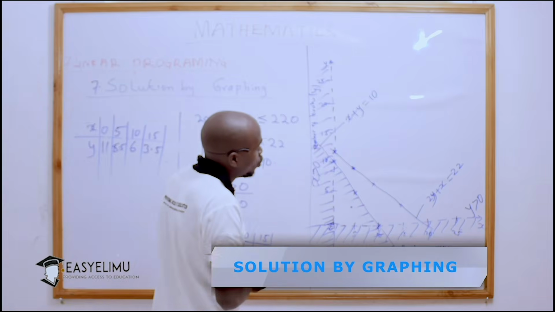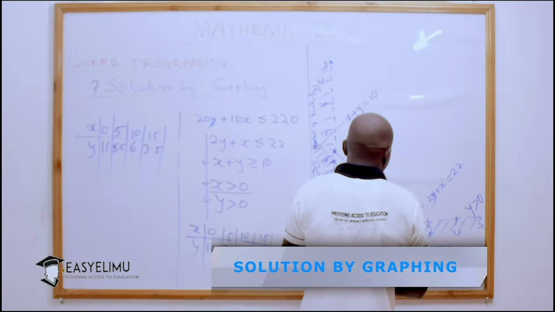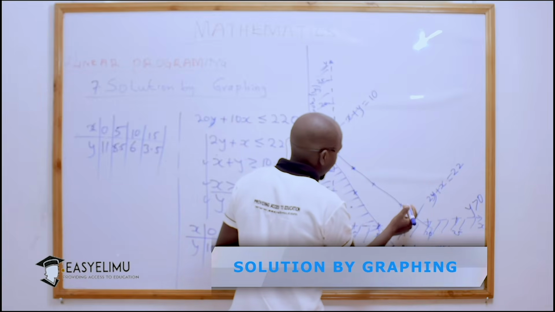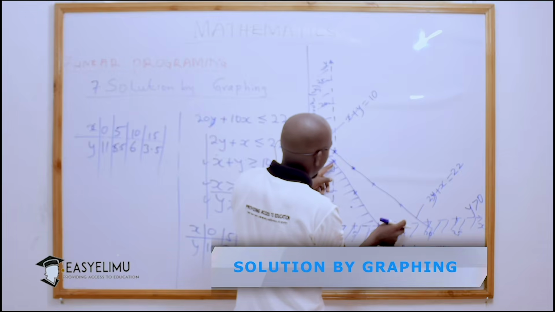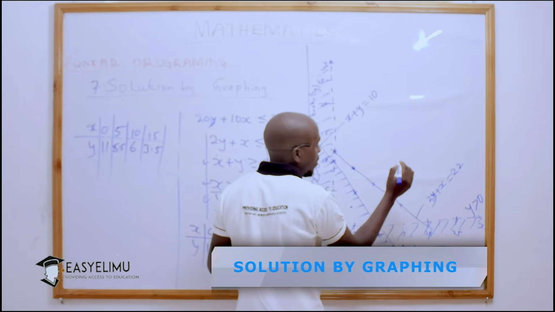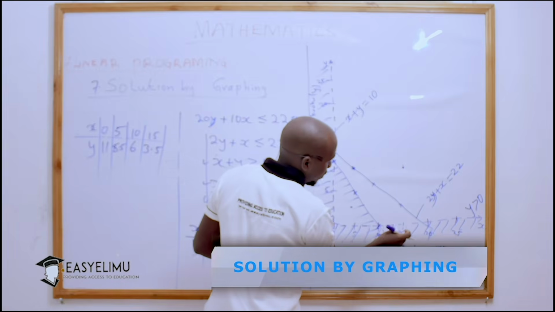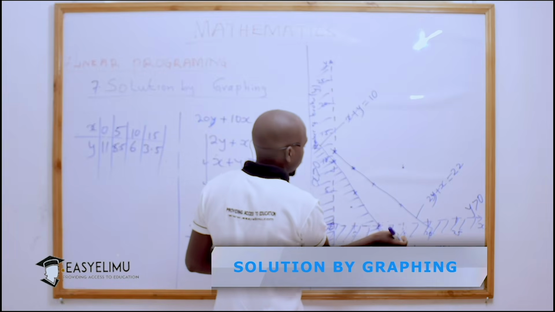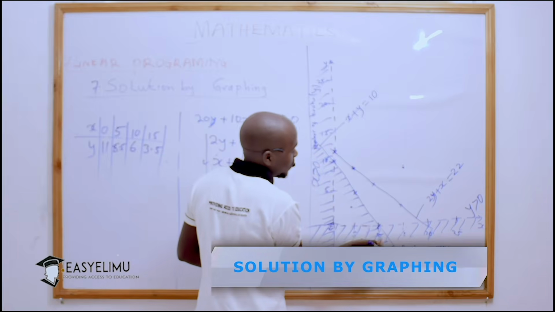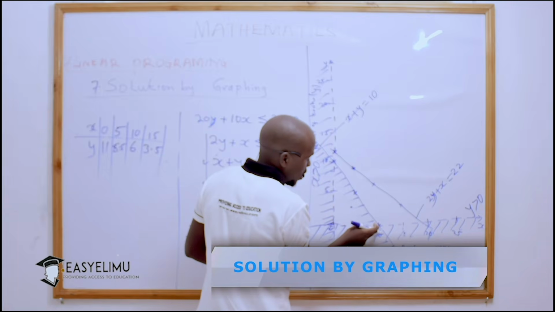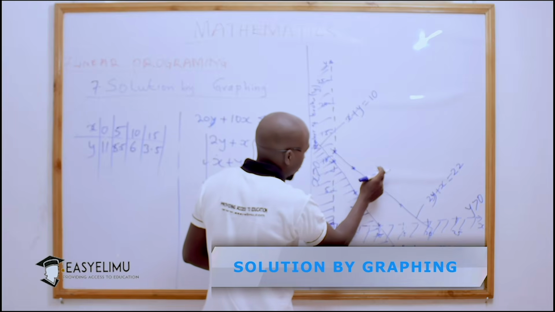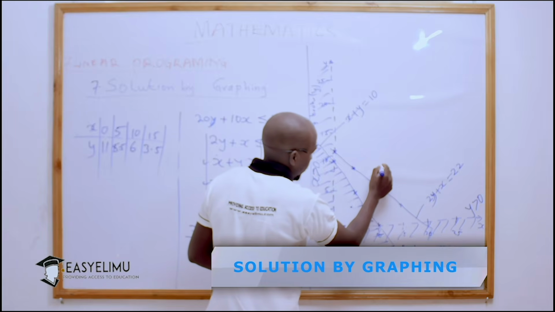What we will do, we shall select one of the points. Let's take a simpler point, x be 10 and y also be 10, a point here.